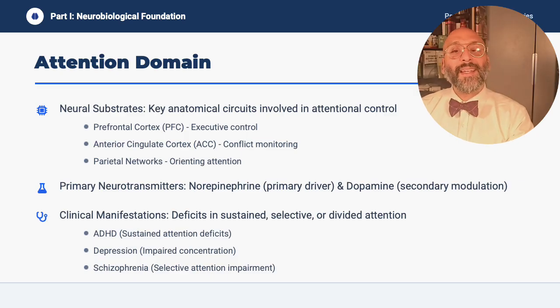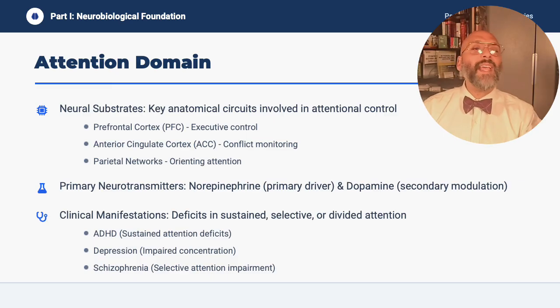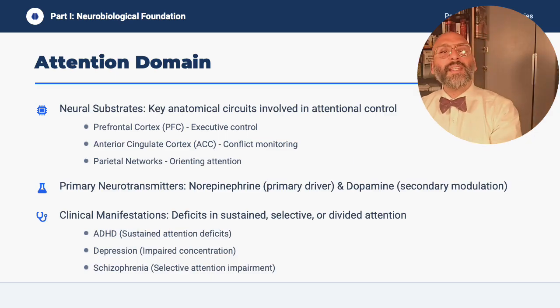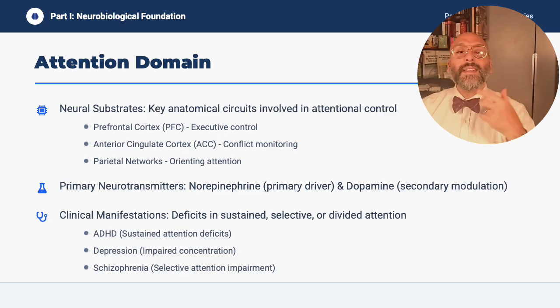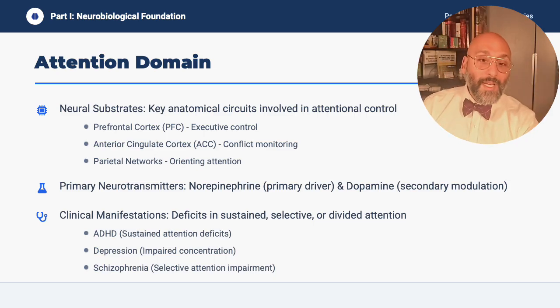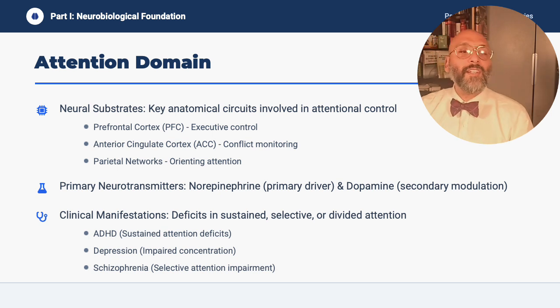What this looks like at the bedside is impairment in sustained, selective, or divided attention, and you see that pattern across diagnoses. So in ADHD, that's the classical sustained attention deficit, right? In depression, you will see slowed concentration and increased mental effort. In schizophrenia, it's often selective attention, difficulty filtering out relevant from irrelevant stimuli.